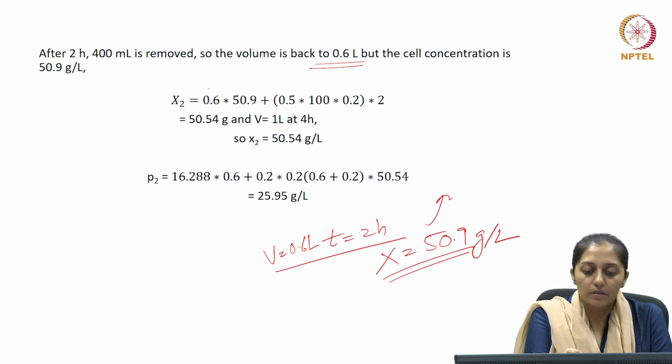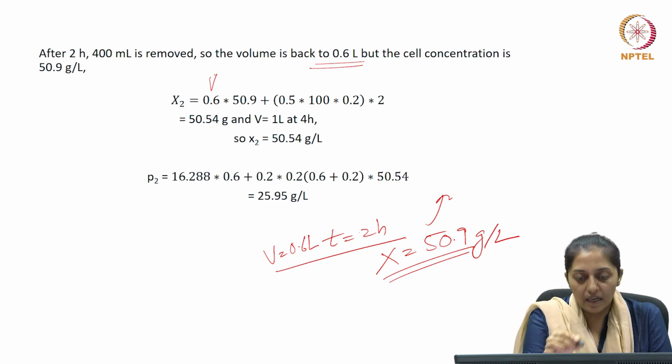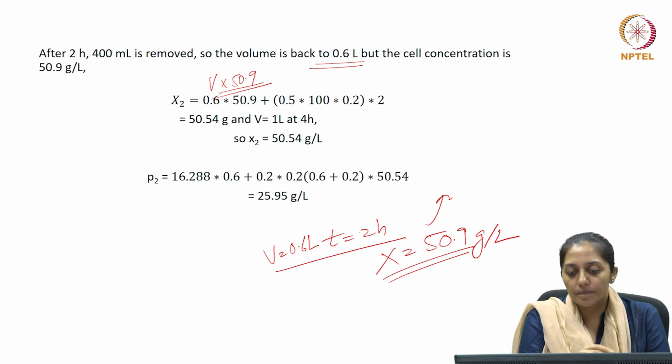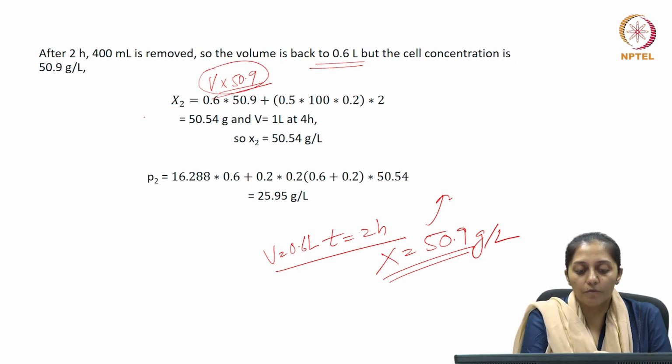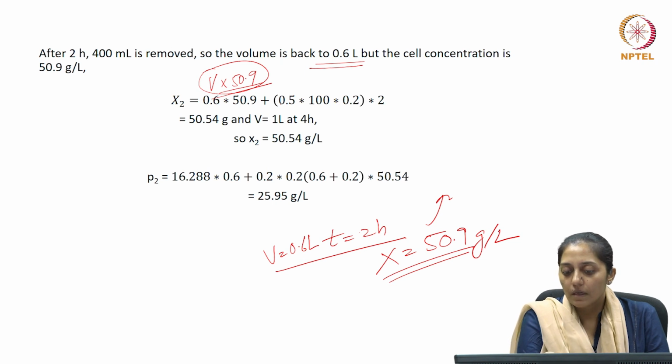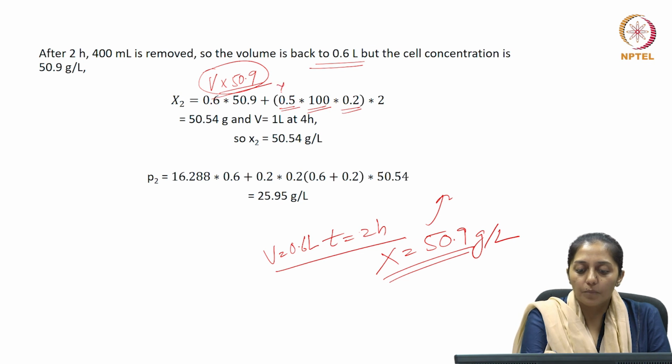So, this is the volume at 2 hours and this is the biomass concentration at 2 hours. Multiplying by the volume, this is the amount of biomass at 2 hours, and this is nothing but F, the substrate concentration in the feed, 0.2 is F and 0.5 was Yx by S.